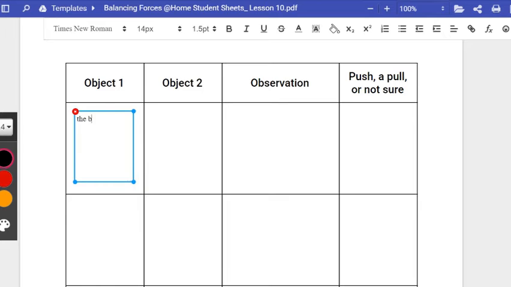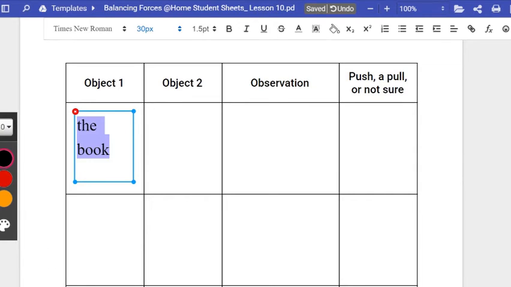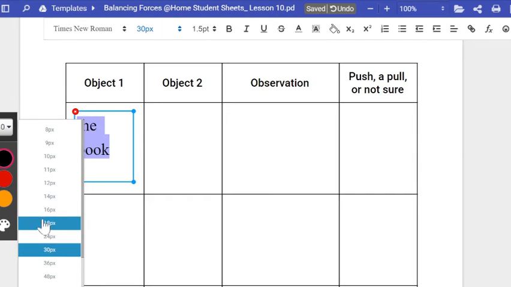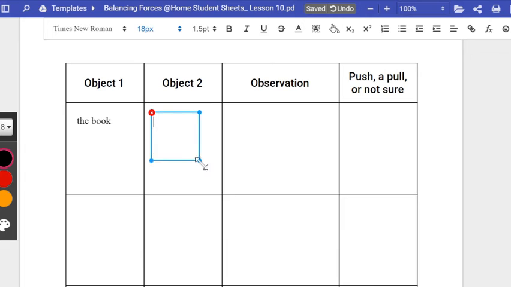And I'm going to type the book. And I can change the size if I want to. There we go. That might be a little big. There we go. All right, now I'm going to add another text box here for the second object. And remember, the second object that the force was working from was the Earth.